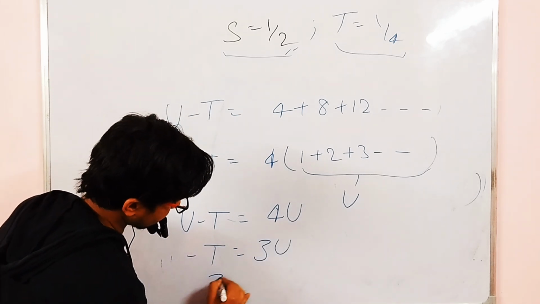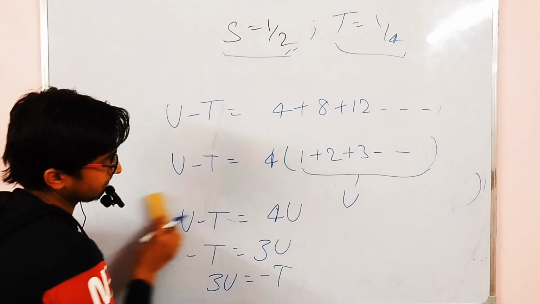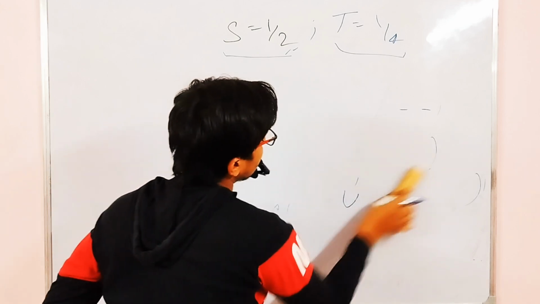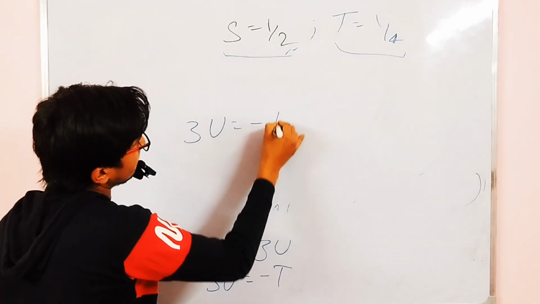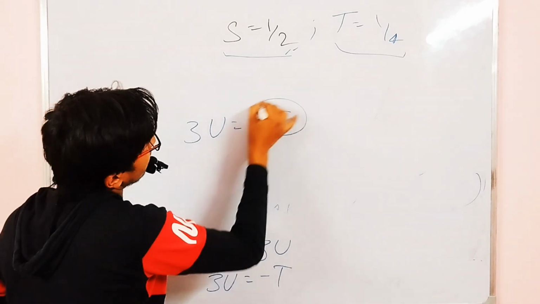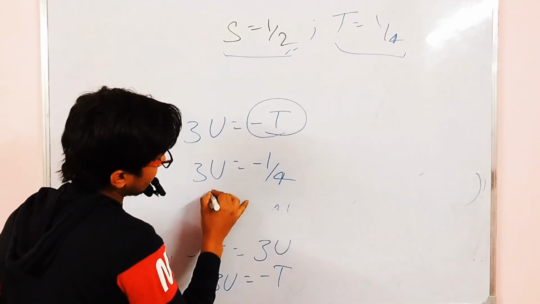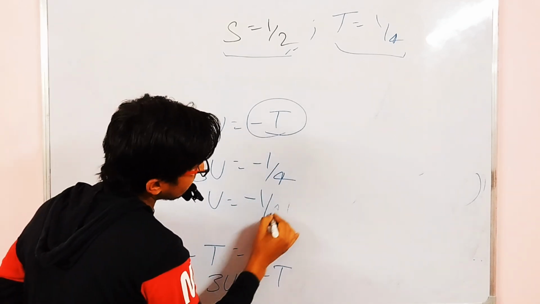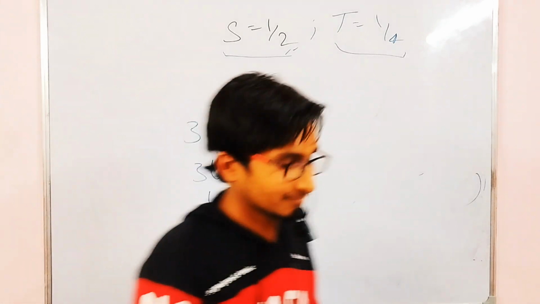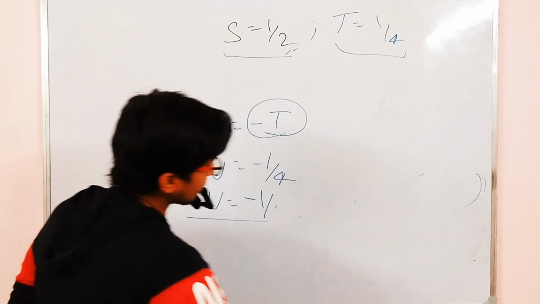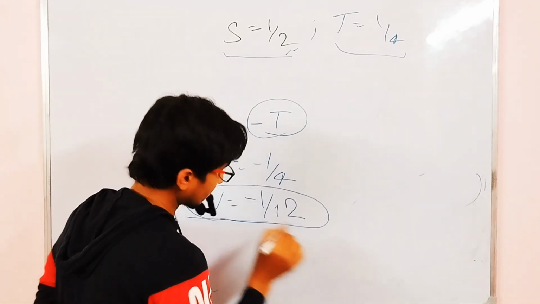So 3u is equal to minus t, and putting in the value of t, we get 3u is equal to minus 1 by 4, and u is equal to minus 1 upon 12. The theory is proved. So we have the proof that 1 plus 2 plus 3 and so on is equal to minus 1 upon 12.